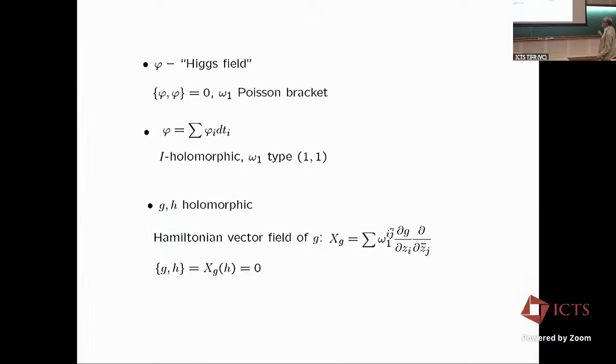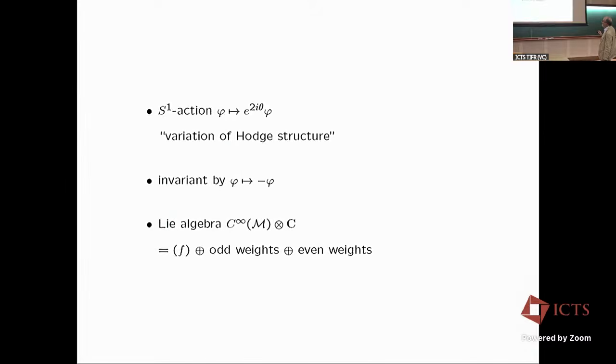But still, it's there. And now we have the S1 action, which I think in the context of Higgs bundles, we see that the S1 action acts on the Higgs field as e to the I 2 theta, which means, if you like, if it were finite dimensional, this Higgs field would be nilpotent.